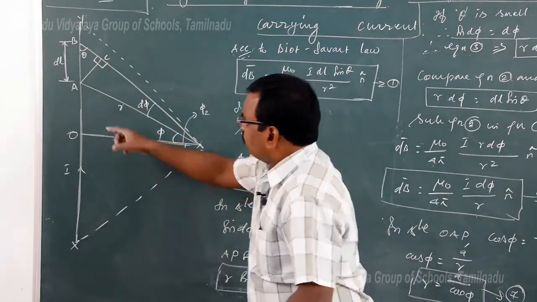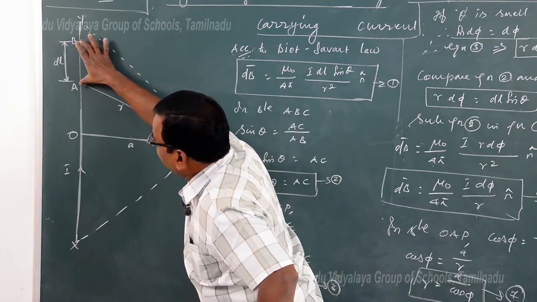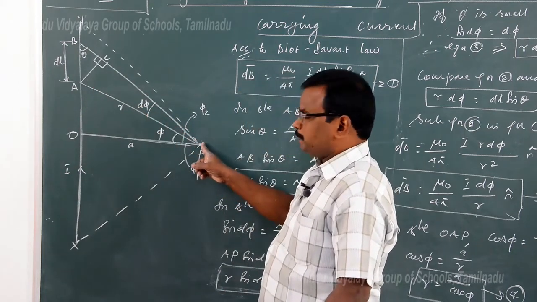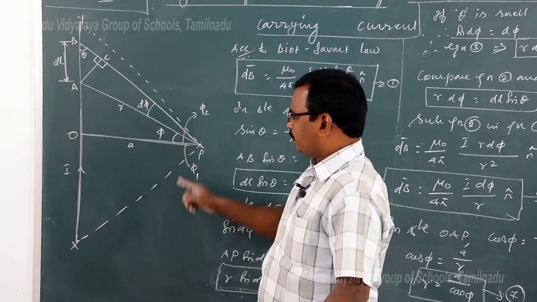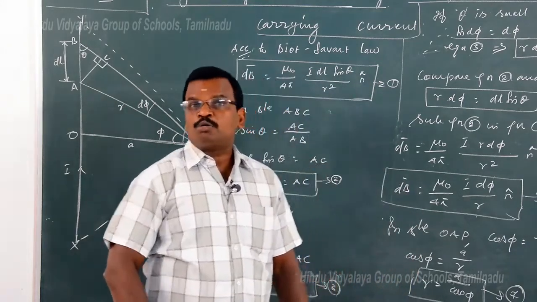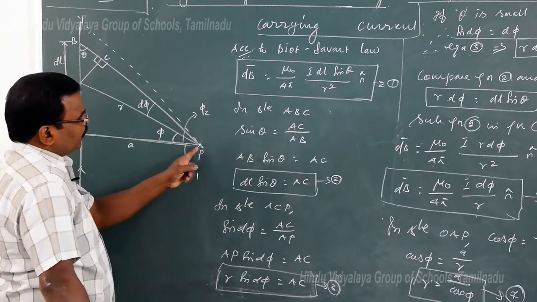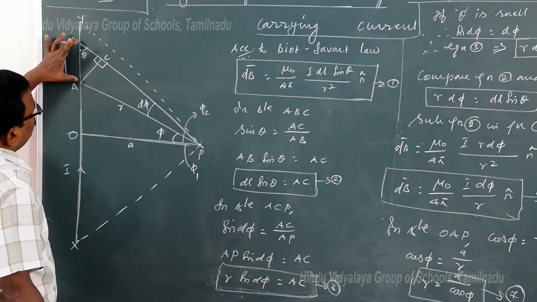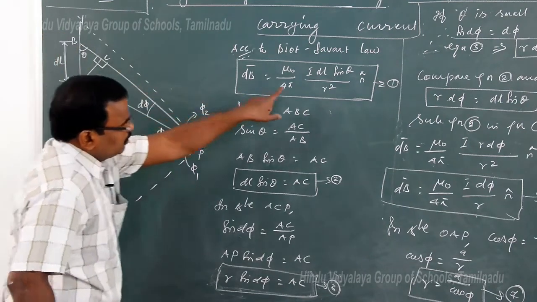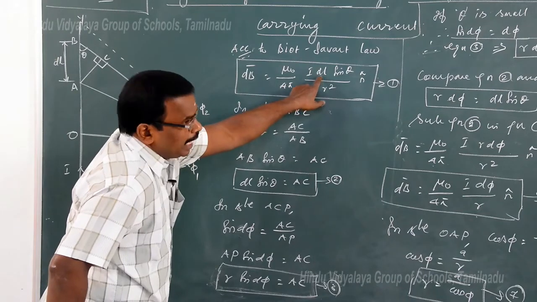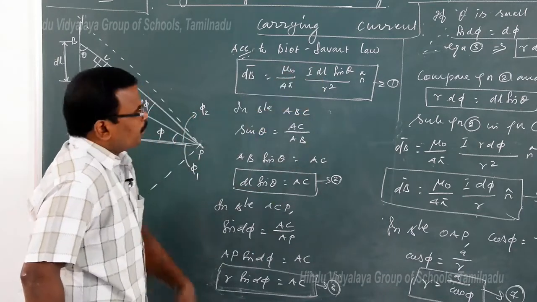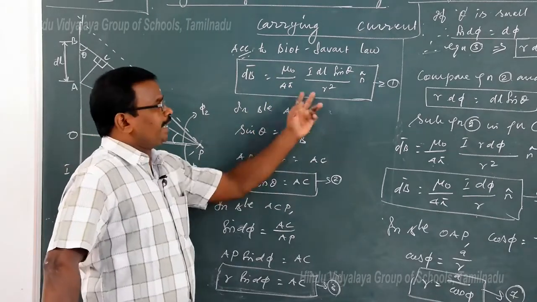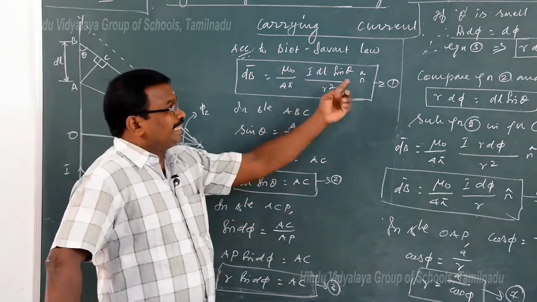So, due to the current I passing through the current element, that is within the length dl, the magnetic field at this point P, at a distance r, according to the Biot-Savart law, due to the current I passing through the small element of length dl, dB vector is equal to mu naught by 4 pi, I dl sin theta by r squared into n cap.